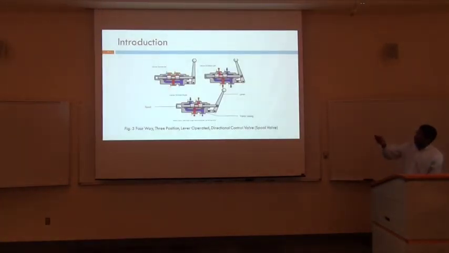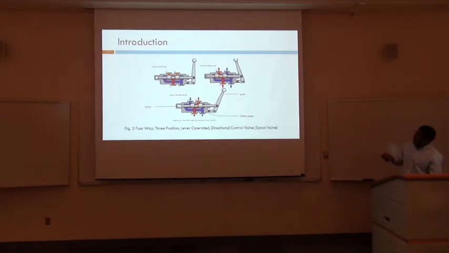Here I have a picture of a four-way, three-position, lever-operated directional control valve, which is the same thing as a spool valve. This diagram here is the neutral or center position, and in this position no fluid is being moved. In this position, we shifted to the left.